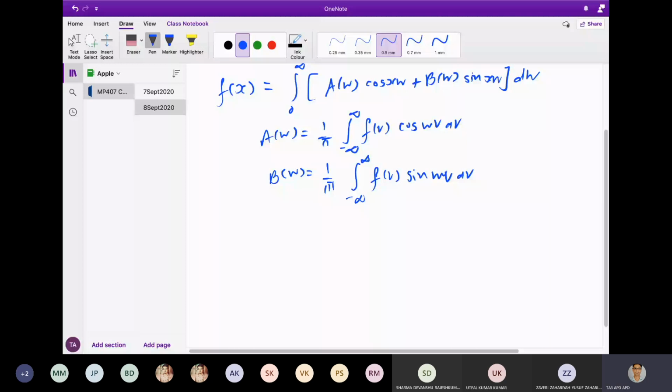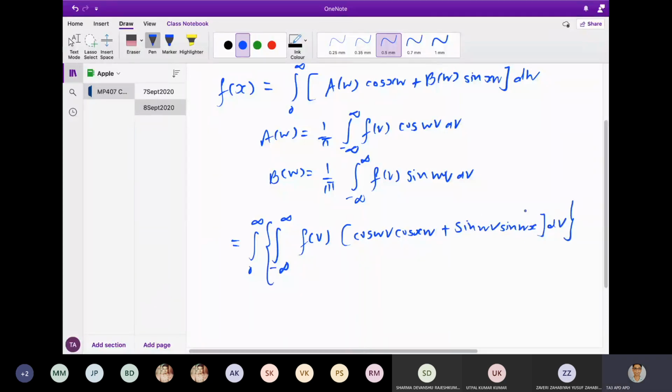So we get the double integral from 0 to infinity, and both these integrals I'll write in a combined way: integral from minus infinity to infinity. f(v) is common for both functions, so I'll write it outside: f(v) into cos(wv) cos(xw) plus sin(wv) sin(wx), and this integral is with respect to dv, and the whole integral is with respect to w.